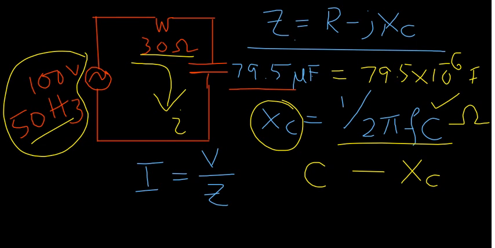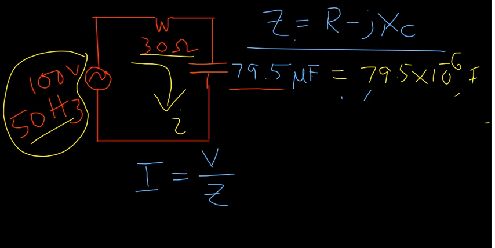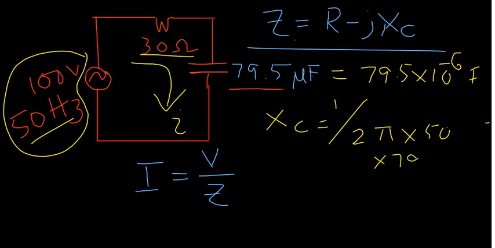So now if you substitute the value of Xc, I will just write it here once again. Okay, so Xc is equal to 1 divided by 2 pi, F is 50, C is 79.5 into 10 to the power of minus 6.